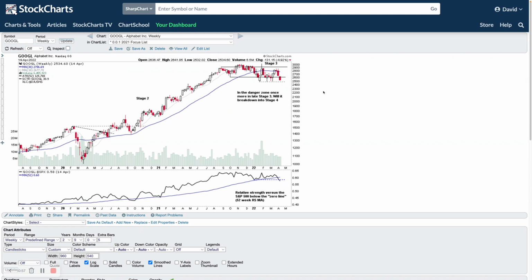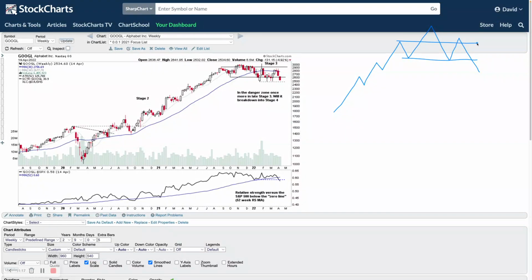So you might not get the change of behavior until you've had an upthrust after distribution. If you imagine you're in a stage 2 uptrend, you're moving up, and then you form a head and shoulders type pattern, you don't know until this point here, this is your change of behavior, that you're in stage 3, and at that point you're then going down the head and shoulders pattern.